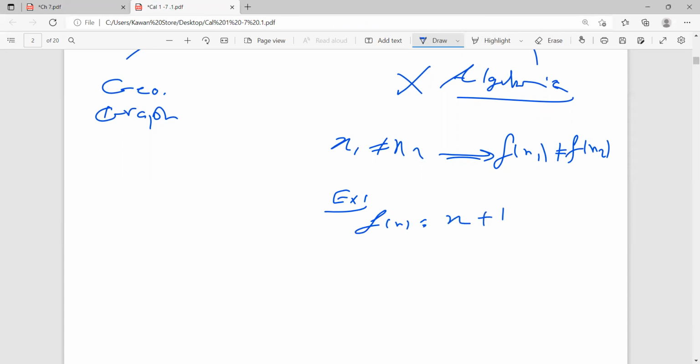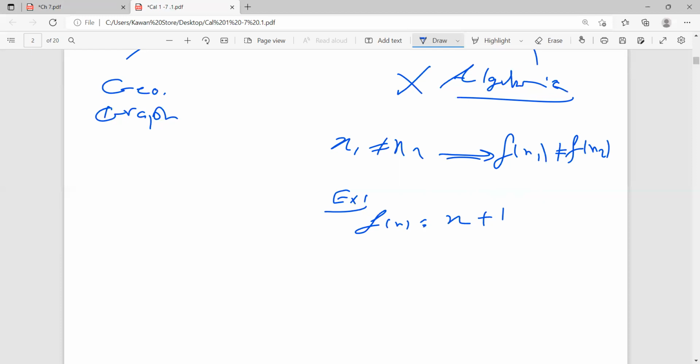If you put any two different numbers from the domain, give me any example. You know the domain of this function is R, right? You can put any value here. For example, 0, 1, minus 1, square root of 2, pi, any different numbers that you like. It's impossible to get the same image.